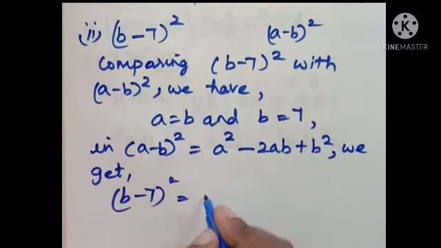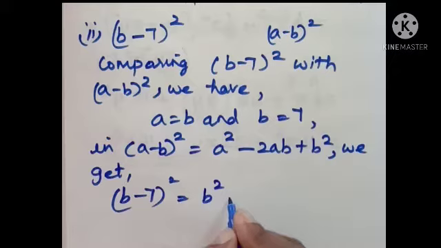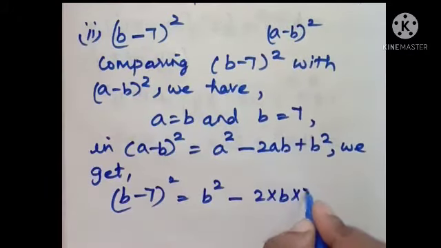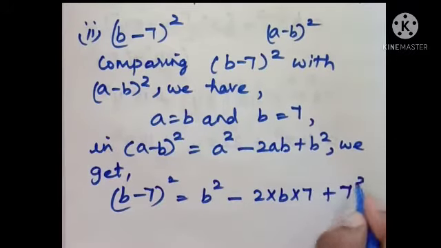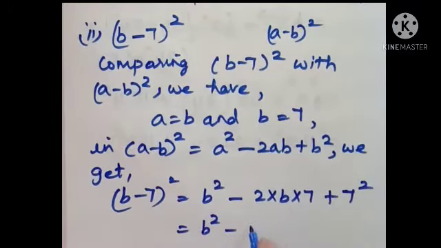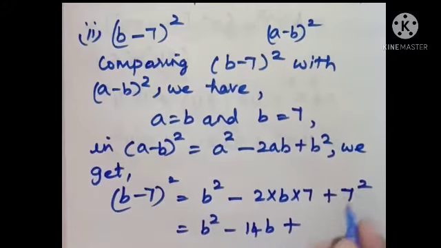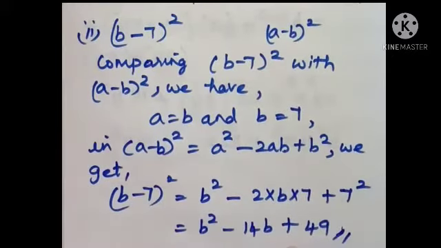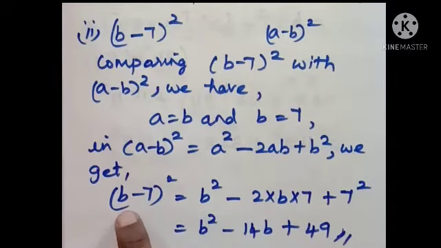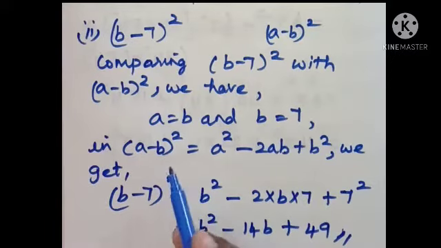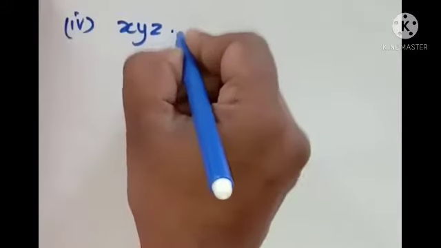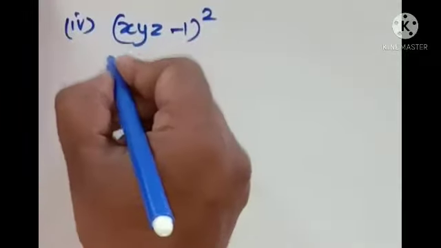In the right hand side a² is b², minus 2 into a is b and b is 7, plus b² is 7². 2 7s are 14b plus 7 into 7, 7 7s are 49. So that is the expansion of the given expression (b − 7)², and here we are using the identity (a − b)² = a² − 2ab + b².